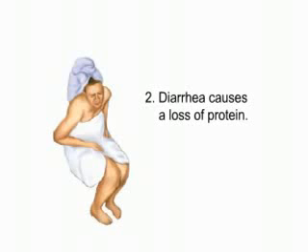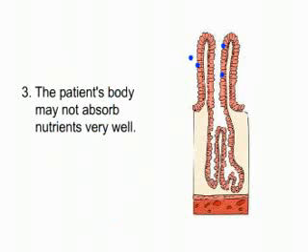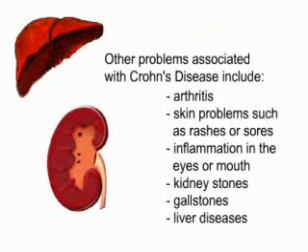Diarrhea causes a loss of protein. 3. The patient's body may not absorb nutrients very well. Other problems associated with Crohn's disease include arthritis, skin problems such as rashes or sores, inflammation in the eyes or mouth, kidney stones, gallstones, liver diseases.